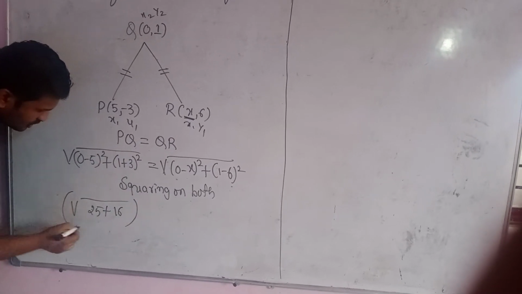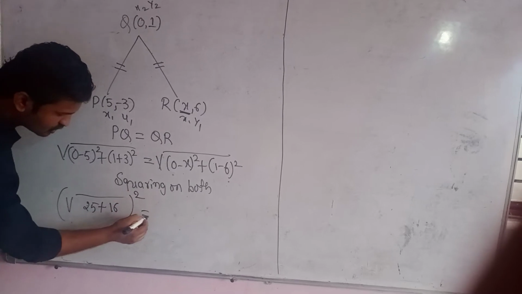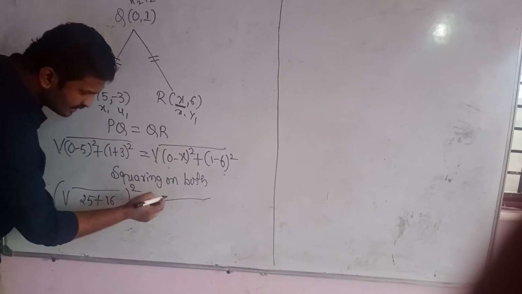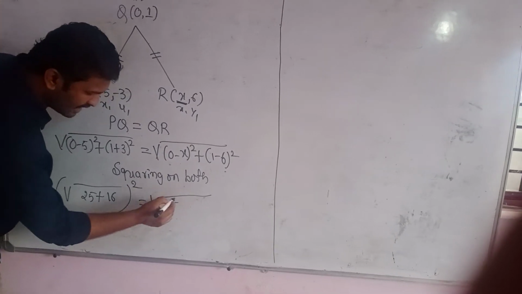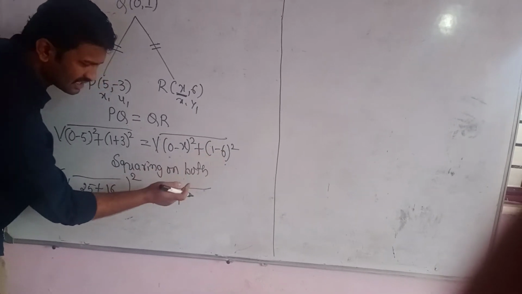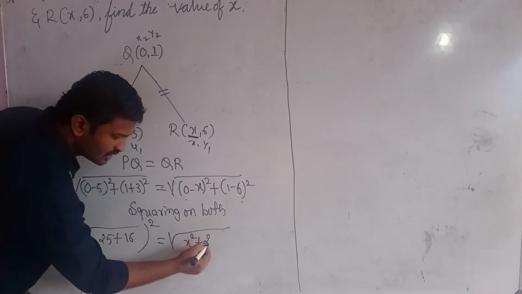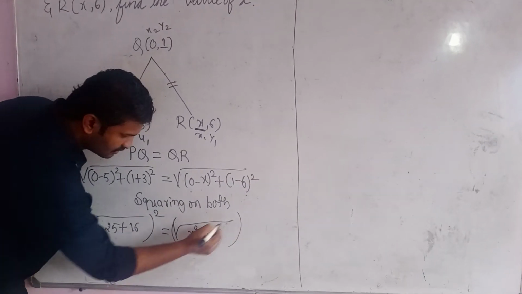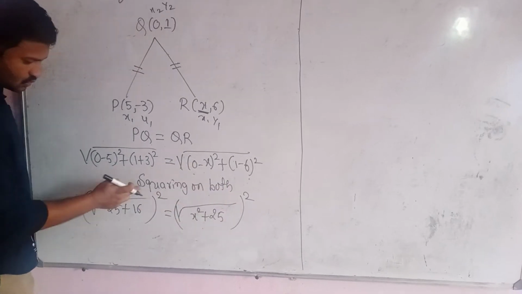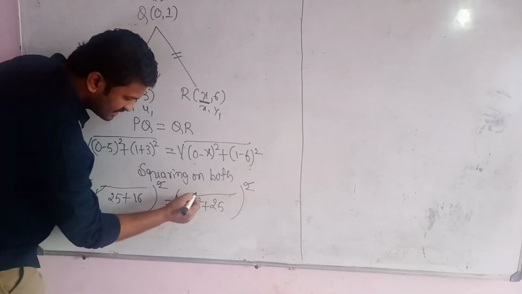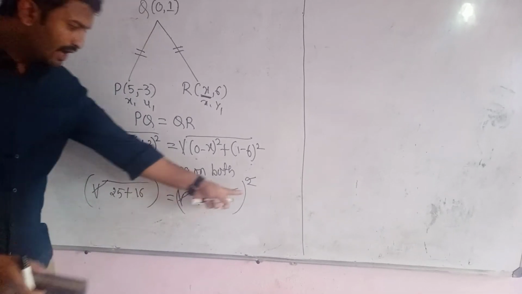Squaring on both sides, this side equals (0 minus x) square plus (1 minus 6), which is minus 5, whole square. Minus 5 whole square is 25. This side also we have to square. Squaring on both sides, the square and square root cancel, on this side too.